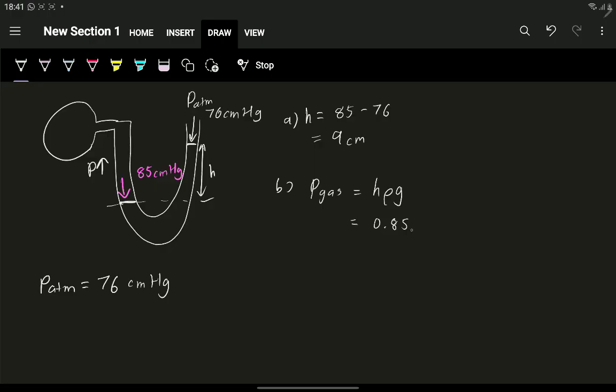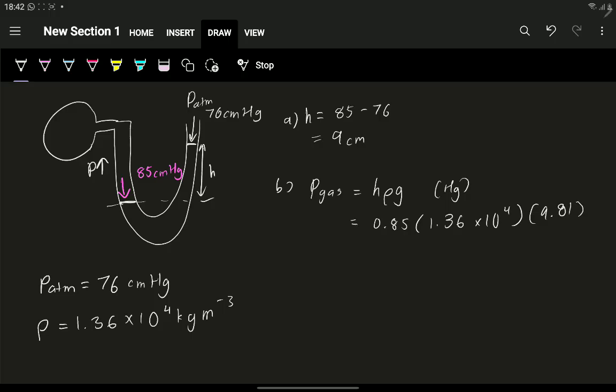So 0.85 times the density of mercury, which will be given in the exam, 1.36 times 10 to the power 4, times g, which is 9.81.